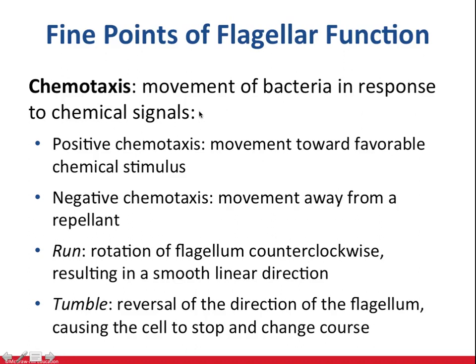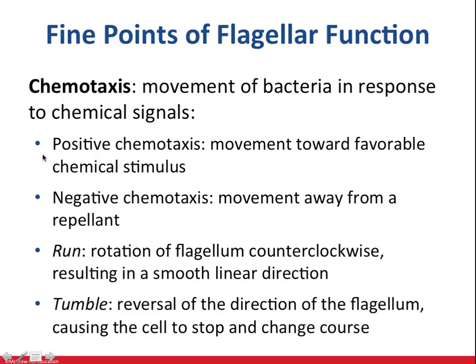Chemotaxis means the bacteria respond to chemical signals to determine their direction. Normally the nutrient gradients provide the chemical signals, because the bacteria have to find their food, so they can move to the high concentration nutrient area.